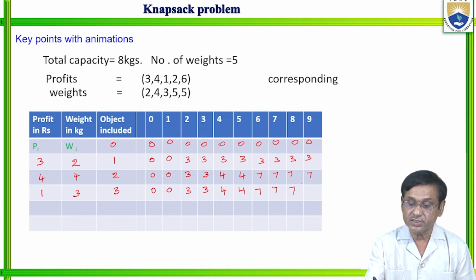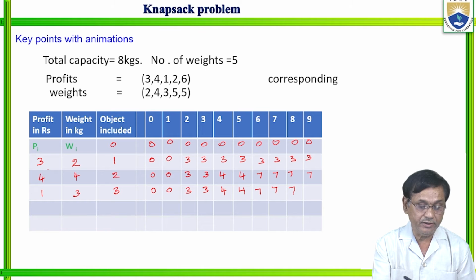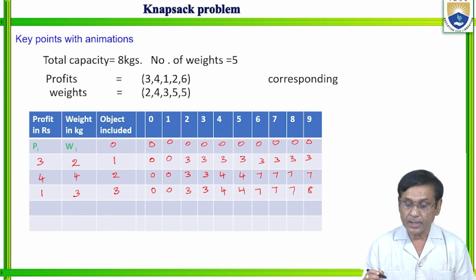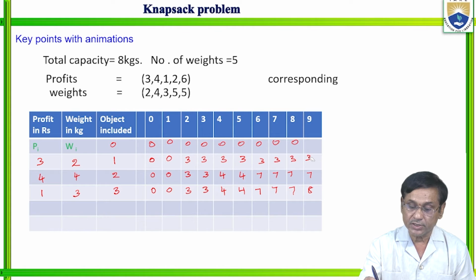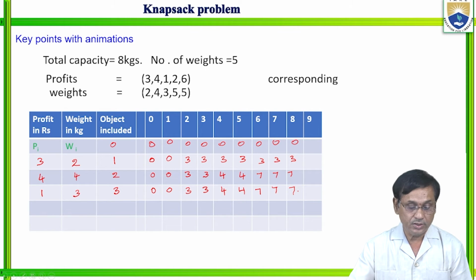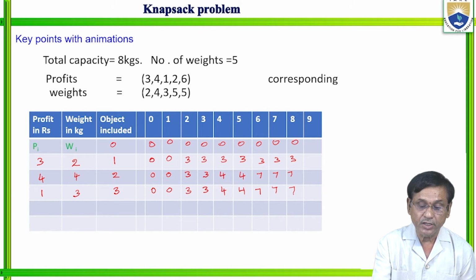But when the weight is 9, you can add all three, so that you are getting 8 here. So actually we should not, total capacity is 8 kg. That means you should not consider this 9th one, because the weight is only maximum 8. You can consider only 8. This is 7 only.